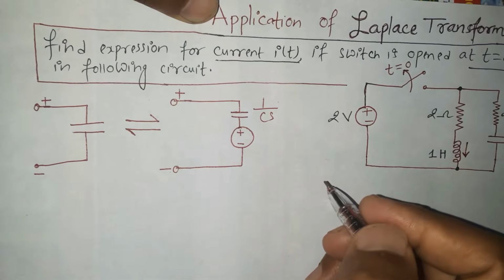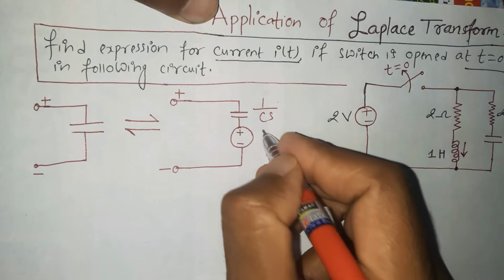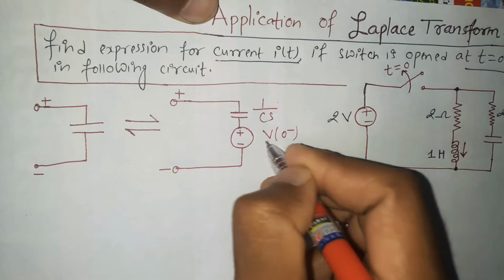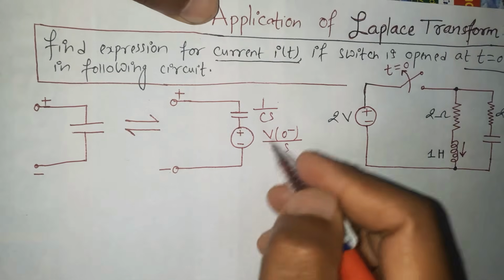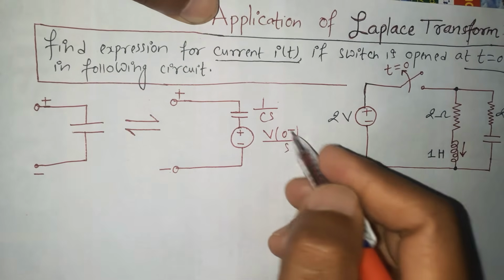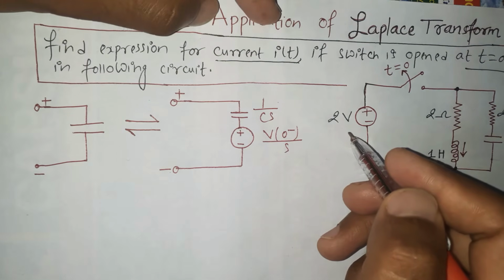Here the S represents the Laplace domain, and the voltage source will be v(0-) over s, where v(0-) is the voltage of the capacitor before the time t equals 0.